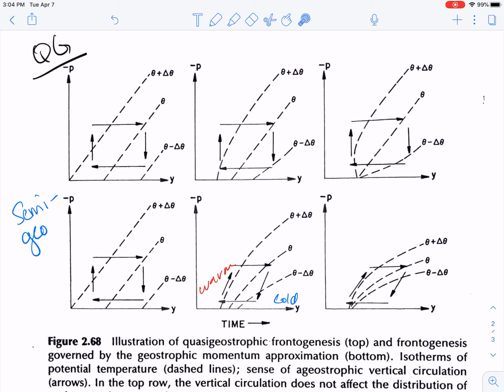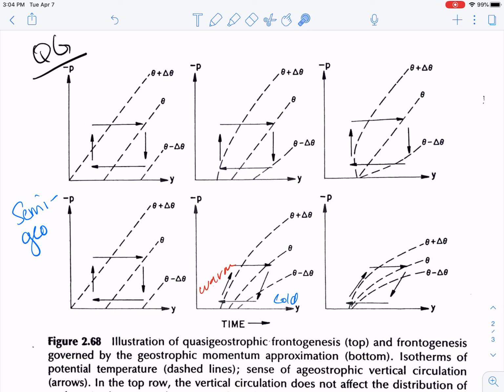And so this semi-geostrophic frontogenesis, using the geostrophic momentum approximation, is much more representative of actual observations. And it's all through accounting for more elements of the ageostrophic wind, specifically that advection of the geostrophic wind by the ageostrophic wind and the vertical advection of momentum.